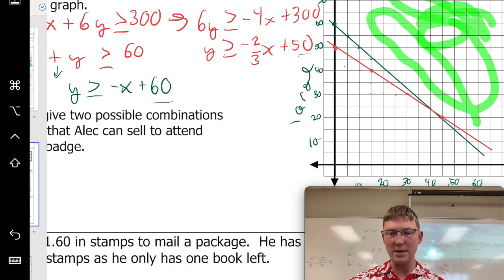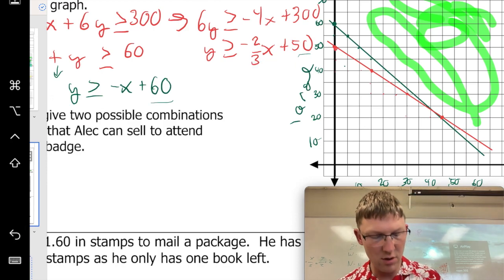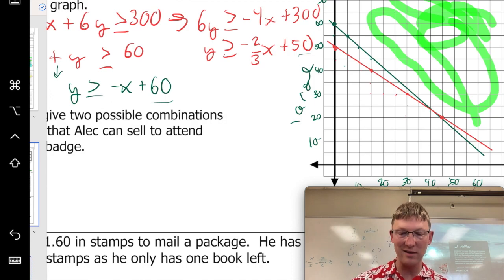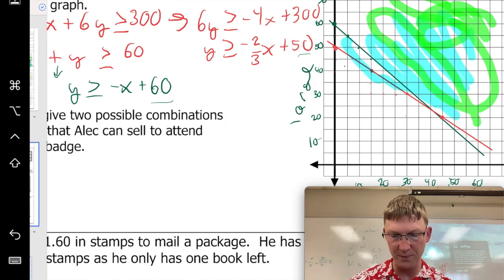And you'll see they kind of touch, and I can kind of guess where we're going to be shading, but if we throw 0, 0 into that equation, we have 0 is greater than or equal to 50. That is not true. So again, we are shading up this way.